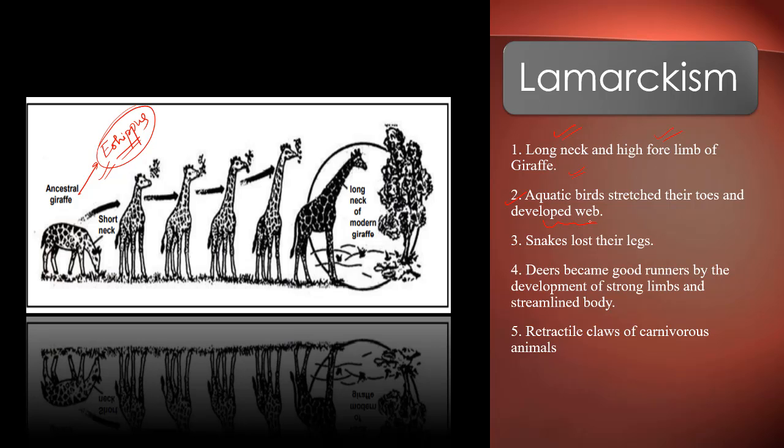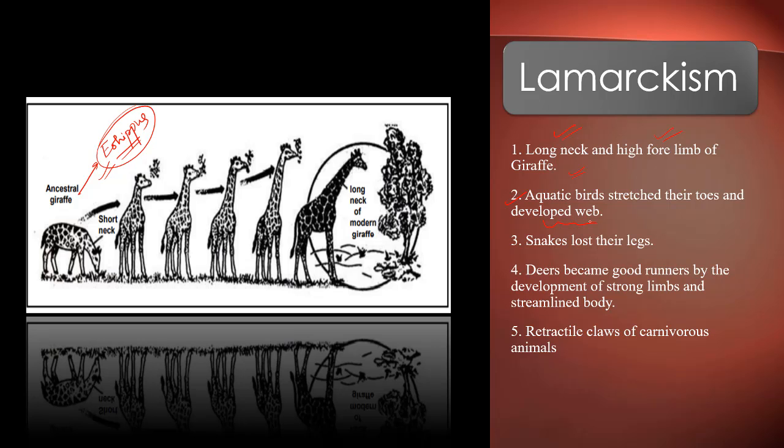So aquatic birds stretching their toes and developing webs is something not to believe in. Snakes lost their legs. This is something which was given by Lamarckism. We do have to respect it, but we have to understand the points of drawback, or the demerits.